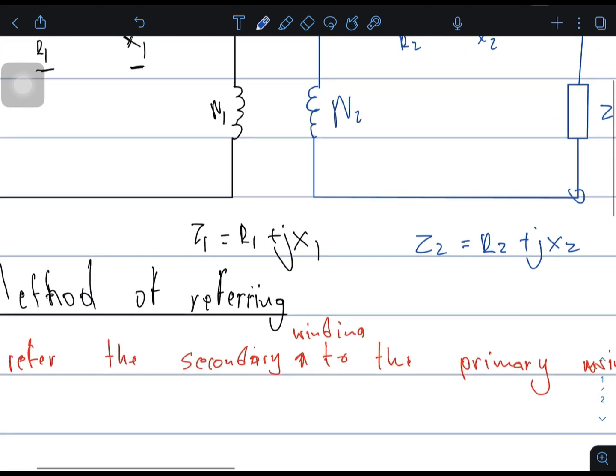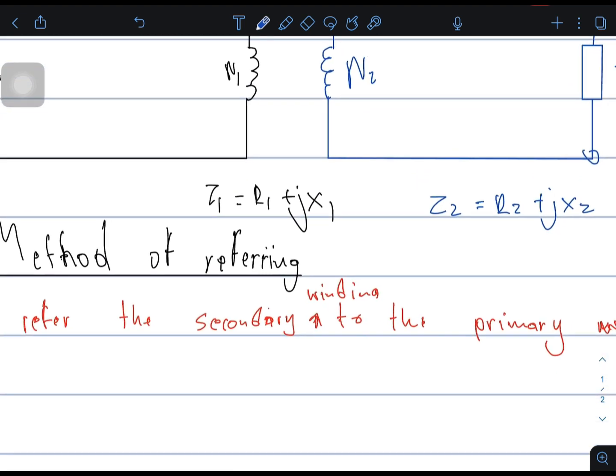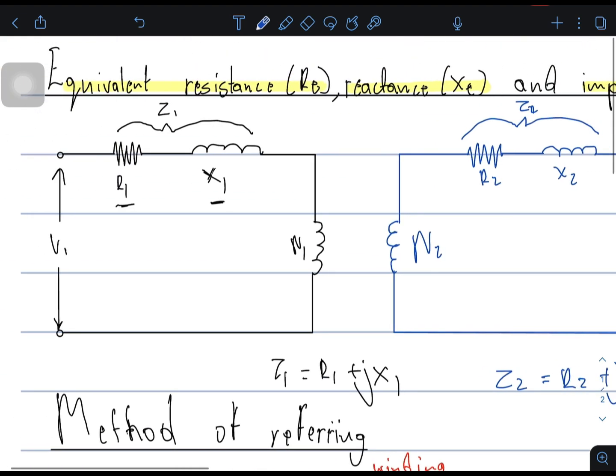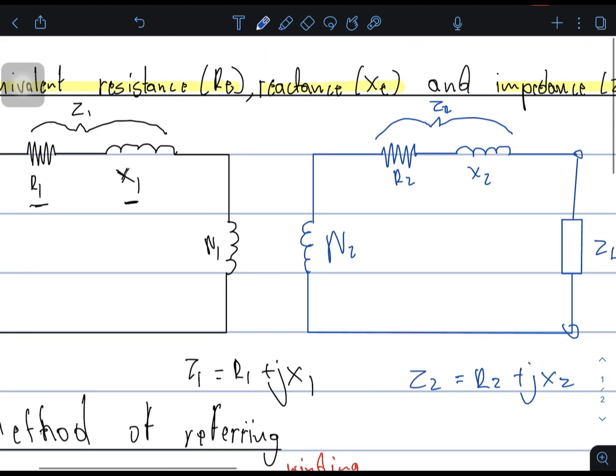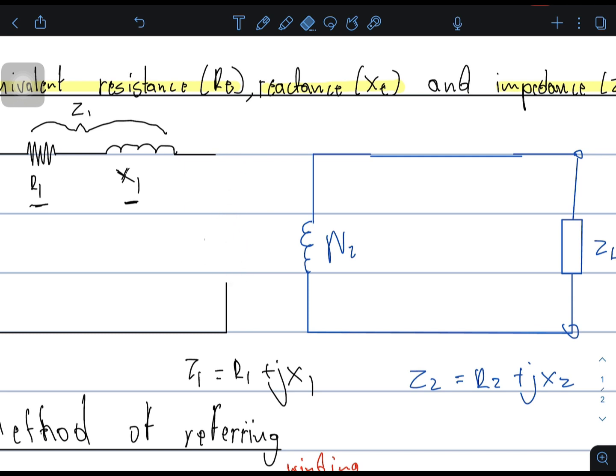Now let us refer the secondary winding to the primary winding. What we are actually going to do is remove the secondary resistance and the secondary impedance. I'm going to wipe again because I need space to represent this.